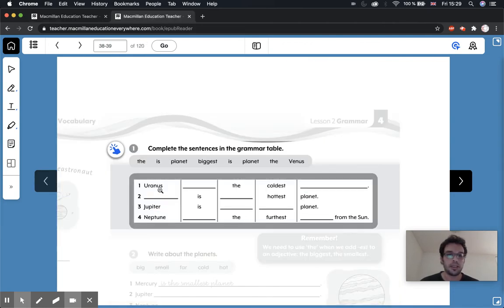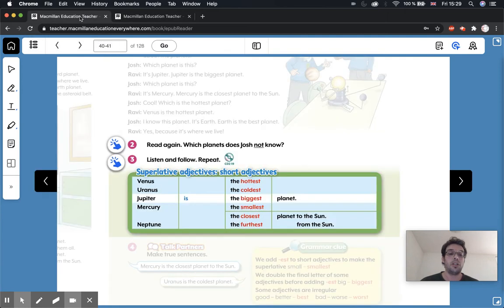So let's practice. Number 1 says Uranus, the coldest, okay? ¿Qué palabras nos falta? What words do we need? Well, if we have a look here, right? Uranus, the second word is, and then we have superlative, and then the last word is planet.